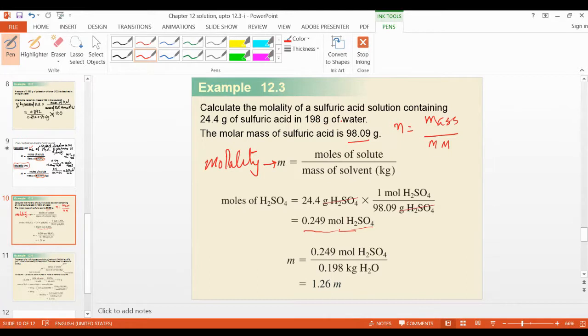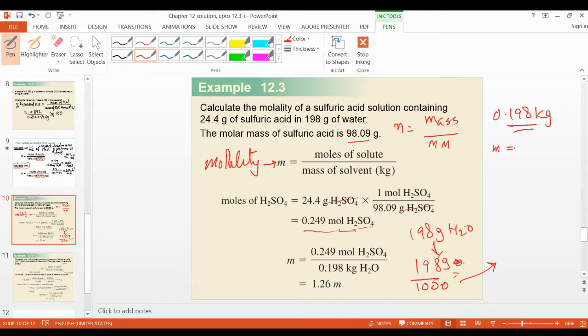And 198 gram of water, change into kilograms. So 198 divided by 1000 gram, you will get 0.198 kilogram.